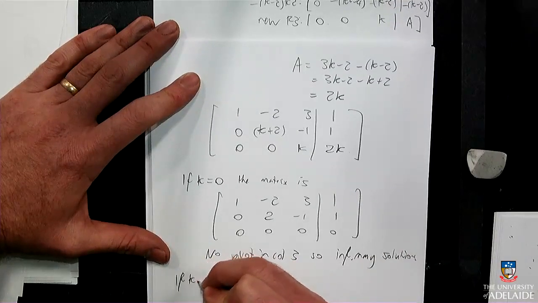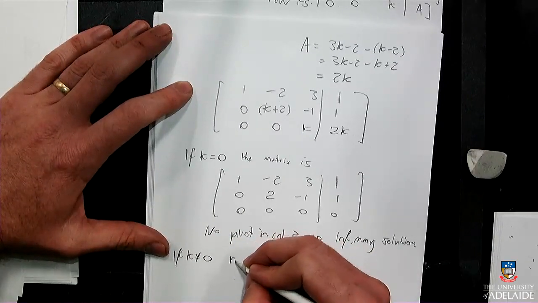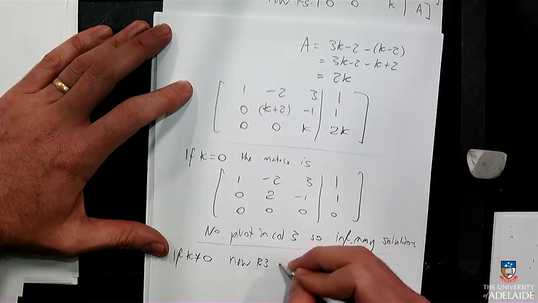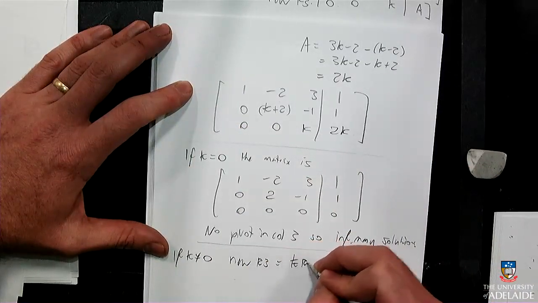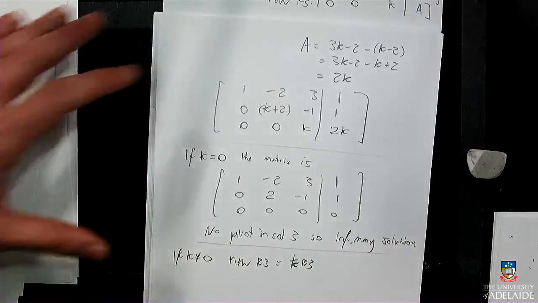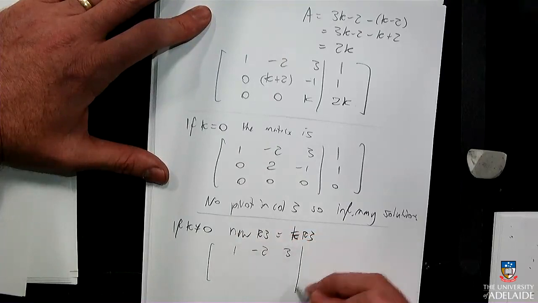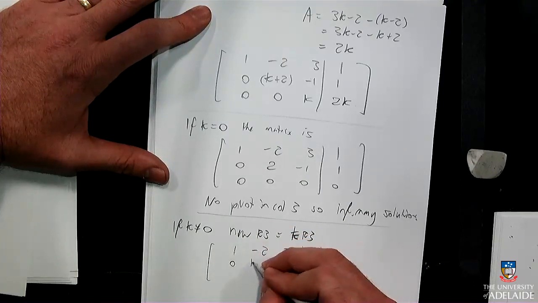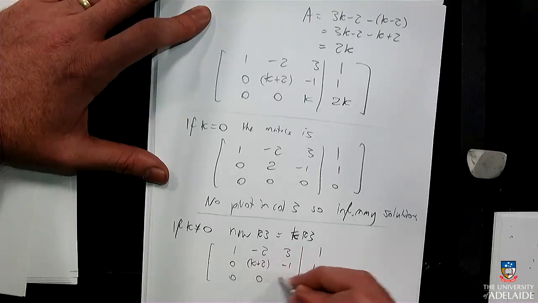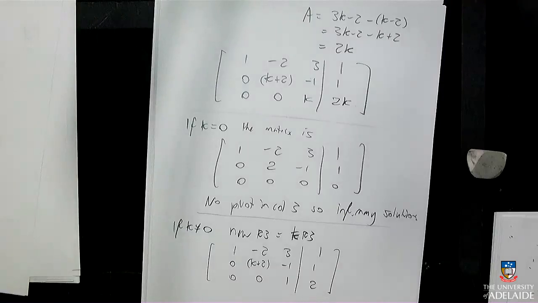And if k is not 0, then we can do new row 3 is 1 over k times row 3, because I can divide by it if it's not 0, and so I can get 1, negative 2, 3, 1, 0, k plus 2, minus 1, 1, 0, 0, 1, 2. Okay.